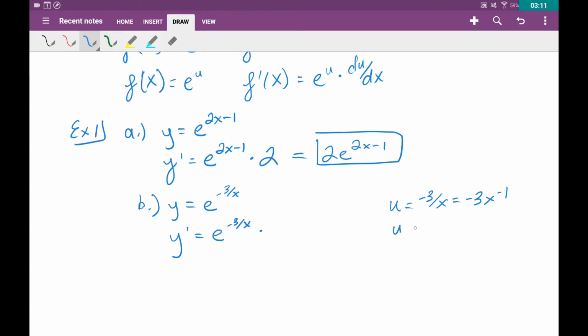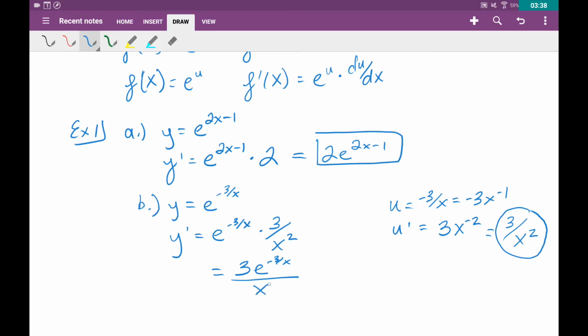So u prime equals positive 3 times x to the negative second, which is 3 over x squared. All of this is going to be what goes right here. So I rewrite it and do 3 e to the negative 3 over x, all over x squared.